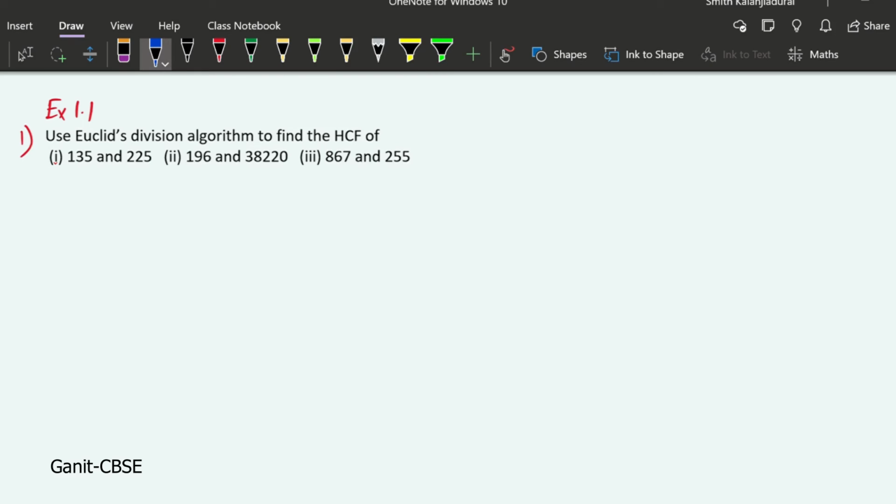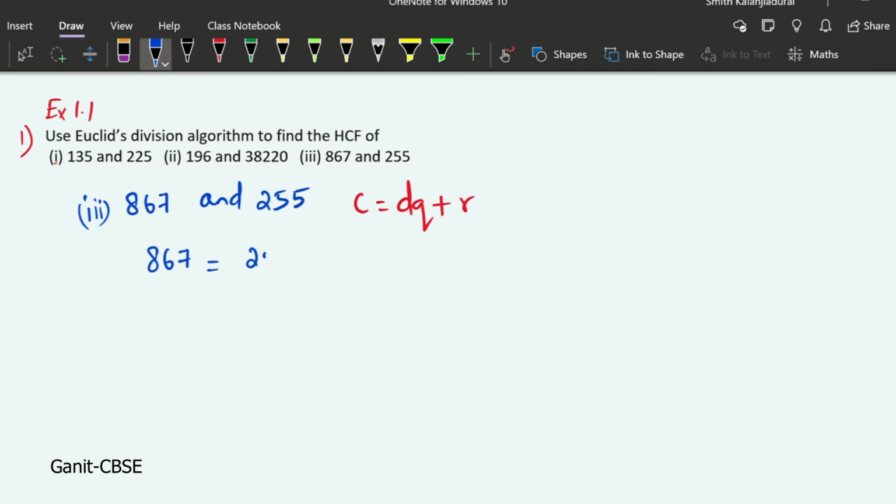First problem, third subdivision. HCF of 867 and 255. So Euclid's division lemma, c = dq + r. c should be greater than d, so 867 should be written on the left hand side, and 255 is the divisor.